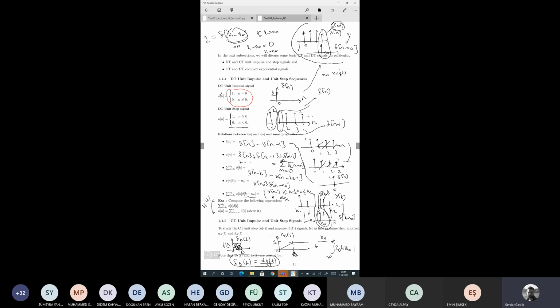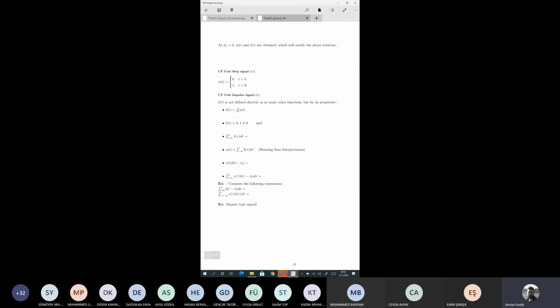As I increase or decrease delta, regardless of delta, this area is always 1. So we will use this actually. As delta goes to 0, what happens? Let's once more plot this, 1 over delta impulse delta of t.